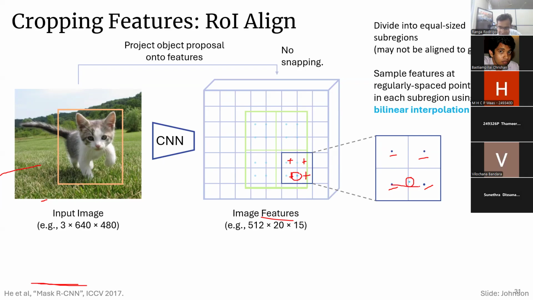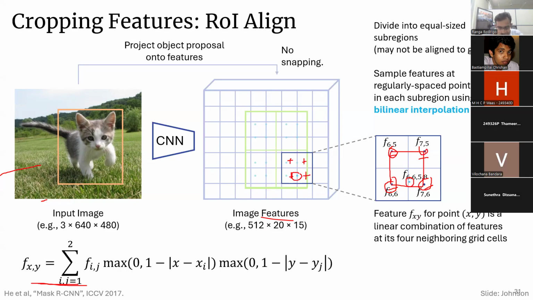For that, we can use all these four pixels in a bilinear interpolation manner. So you can see the pixel values have been indicated there. The feature at this point is a linear combination of features from its four neighboring grid cells.